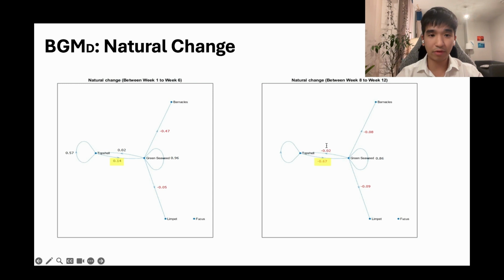So in terms of the network structure, in the natural change, you can see that there's a positive feedback loop between top shells, which is our grazers, and the green seaweed, which is the main thing that's dominating the boulder. And it starts off as a positive relationship, and after a certain point, between week 6 and week 8, this relationship flips negative.